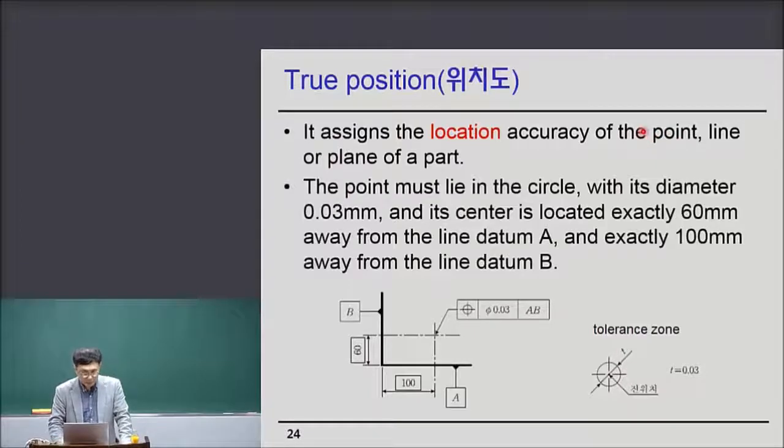In this example, the point must lie in the circle with its diameter 0.03 millimeter.